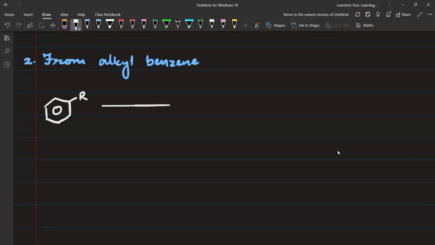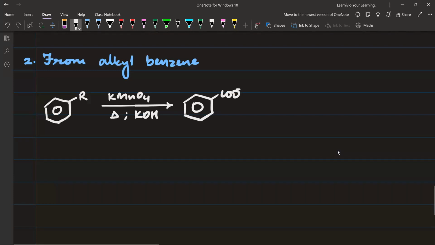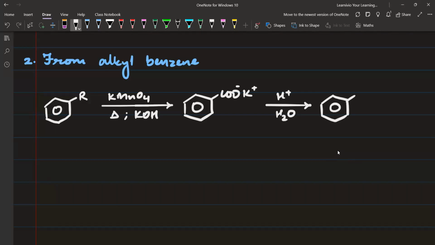We have to react this with a strong oxidizing agent, that is KMnO4, and heat it in the presence of KOH. So first of all, you will get a salt of benzoic acid, COO negative, and because of the basic medium, you will have K positive. And after that, you just add H plus in the presence of water. You will get carboxylic acid.